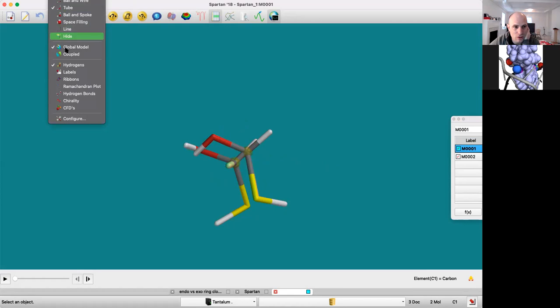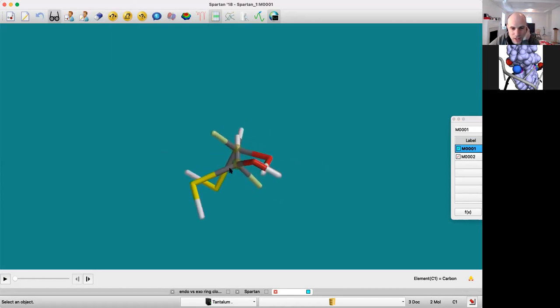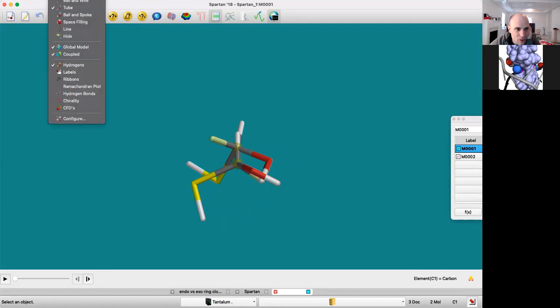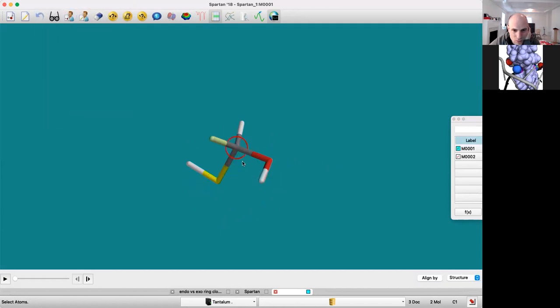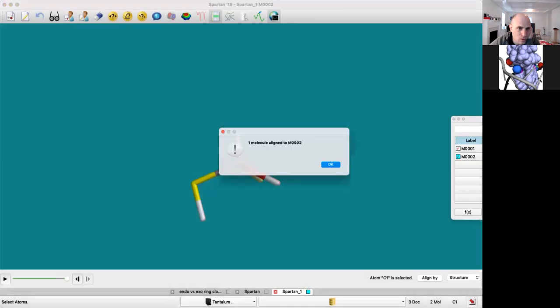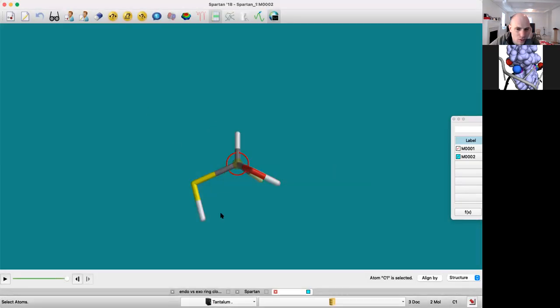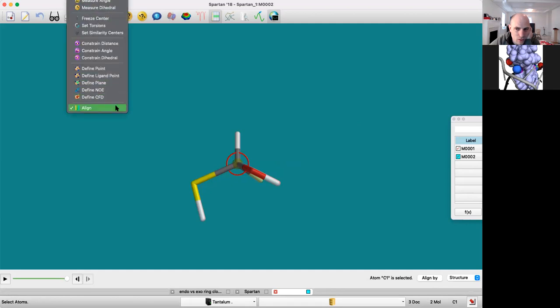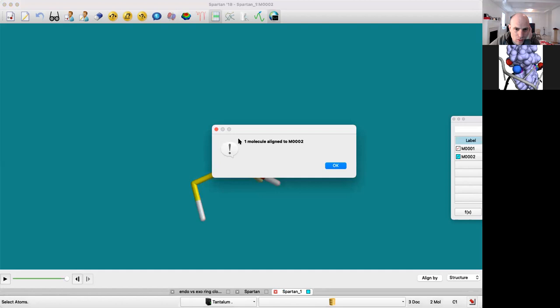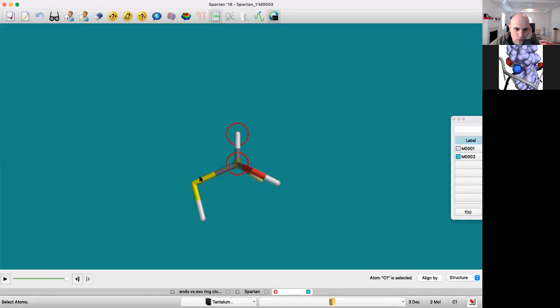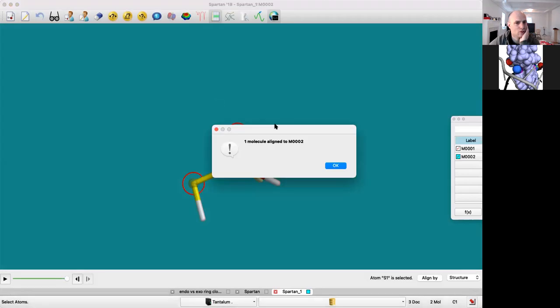I line up the hydrogen and the sulfur there, and now if you look at where the oxygen and the fluorine are going, they're not lined up with each other. Let me just see if I can get that on top of each other. See if that helps.